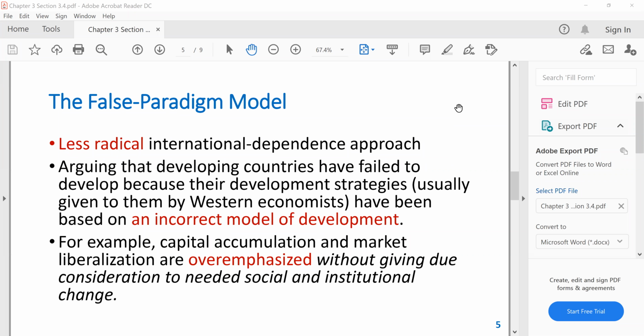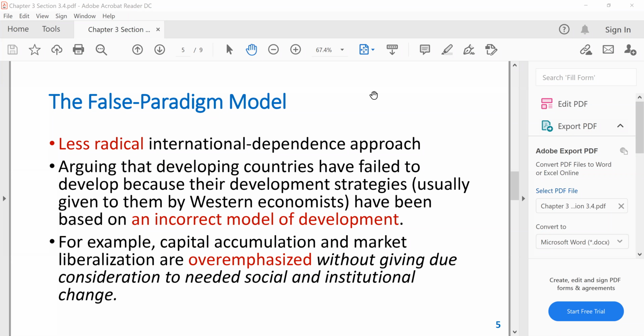Okay, so how can this be true? Well, imagine one thing. In the Heckscher-Ohlin trade theory, remember that theory? What do we know? We know that if you are a relatively more labor abundant country, or a relatively more land abundant country, you should specialize more in land intensive or labor intensive goods.